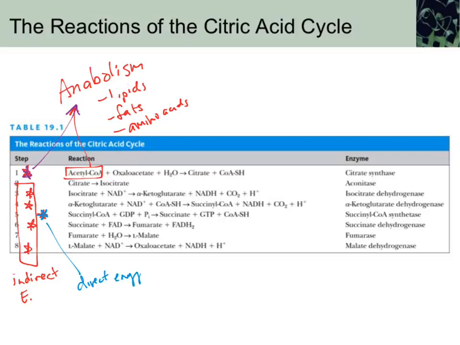This is a fun one. What's the name of that enzyme for step 5? Succinyl-CoA synthase, right? So what would that suggest it's making? Succinyl-CoA, right? What are we making in that step? Succinate. Where the heck is succinyl-CoA?